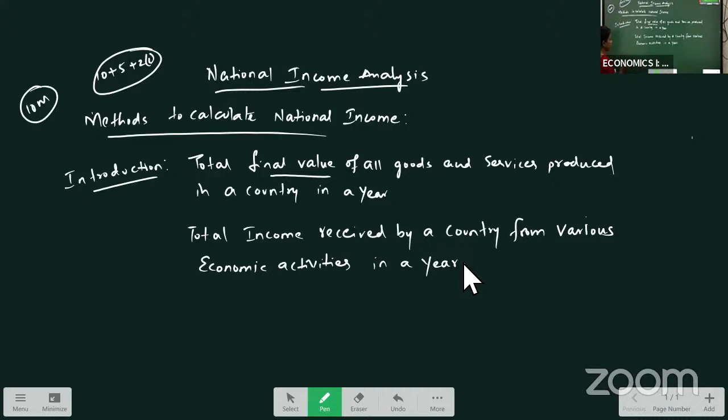Next, methods to calculate the national income.